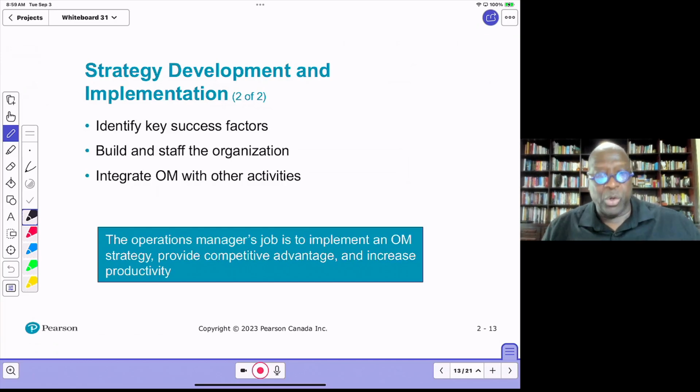So if we're talking about cost advantage, well, what are the critical factors? We need to be able to produce at a very low cost, which means we need to be able to find supplies at a low cost, which means that we have to have a process that's not very expensive. We need to be able to manage inventory to minimize waste. We need to be able to define quality in a way that that quality level is achievable without some complex sort of production process.